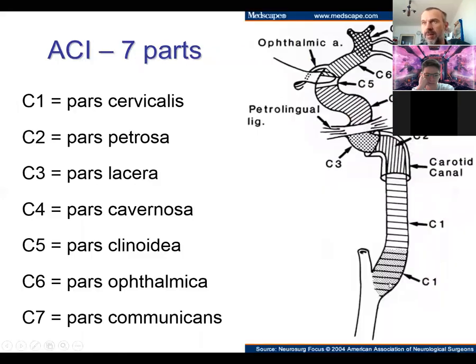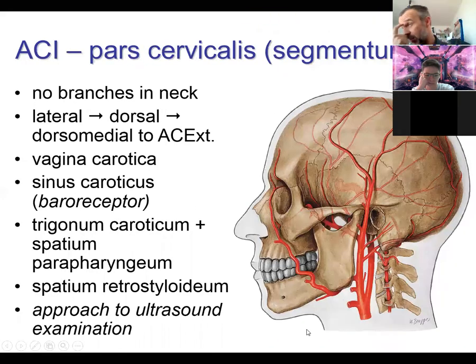So we start with the cervical part, C1. Again, no branches, and it goes laterally, dorsally, and then dorsomedially. So it winds from behind around the external carotid artery. It's within the carotid sheath together with the vagus nerve and internal jugular vein.